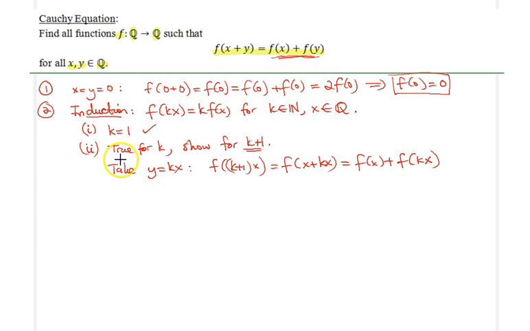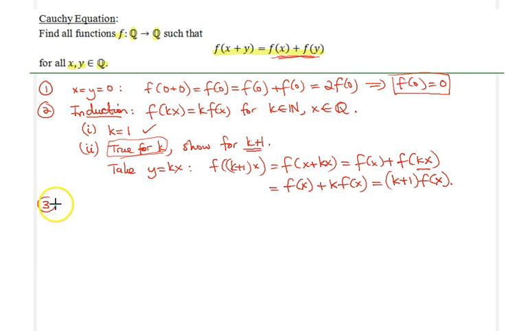And now from our induction step, we already know the property holds for k, so therefore that would be equivalent to f of x plus k f of x, and ultimately that would give us k plus 1 times f of x, as we wanted to show. So that completes our induction proof.